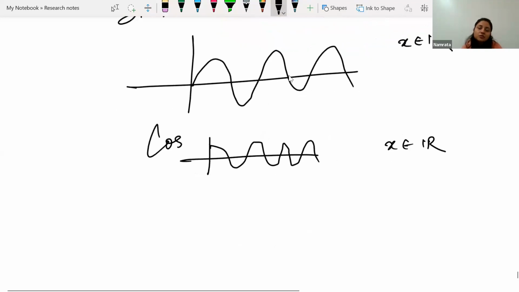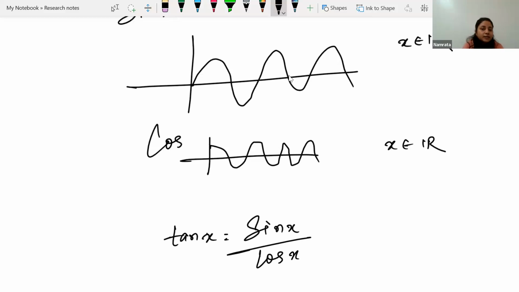What about the tan function? What about the cot function? What about the other functions? So tan means sine by cos. Sine is continuous everywhere. Cos is continuous everywhere. So tan will also be continuous everywhere except wherever the denominator is 0, because at that point the function will not be defined. So we have to exclude that point.